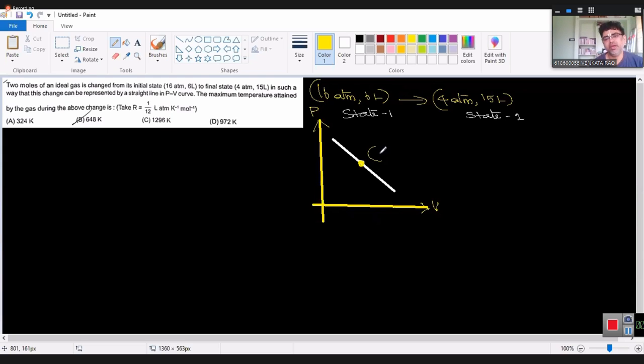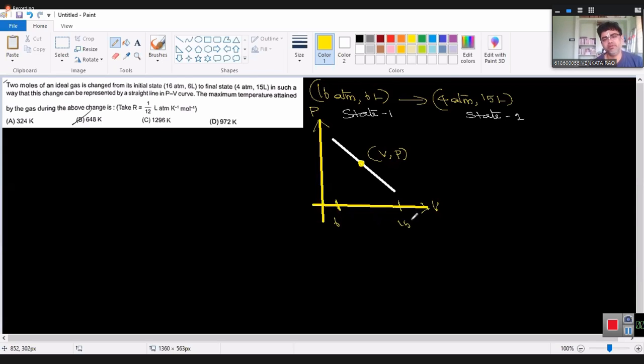Let the point be x and the coordinates be V comma P. Here the volume is 6 liter and here the volume is 15 liter.